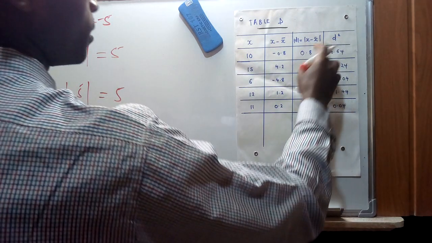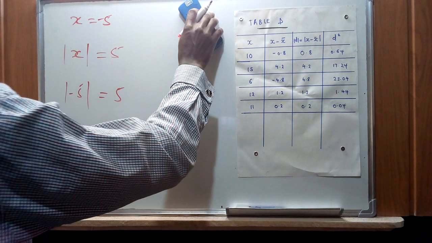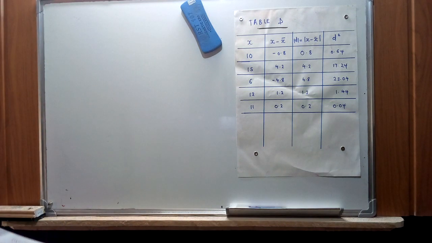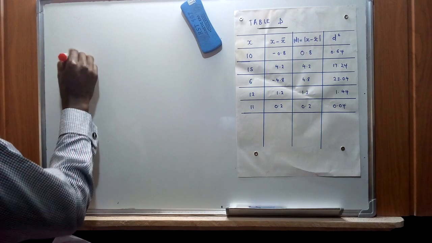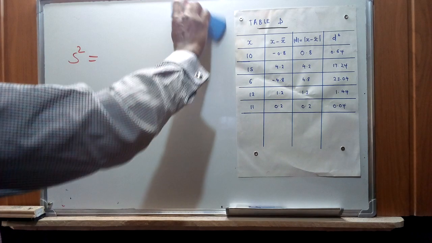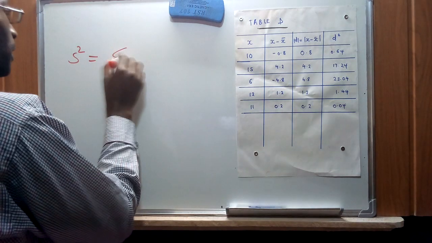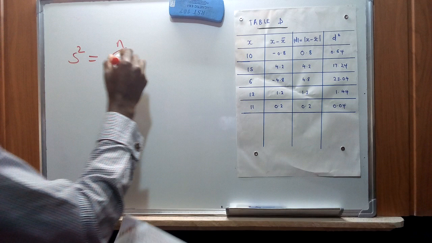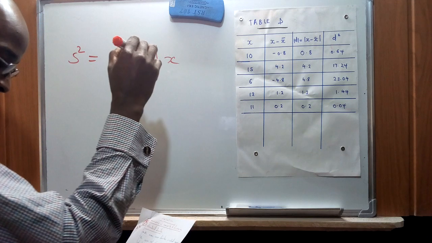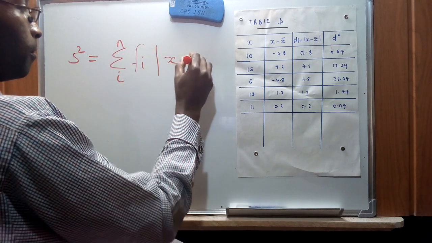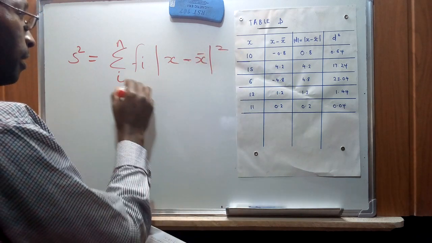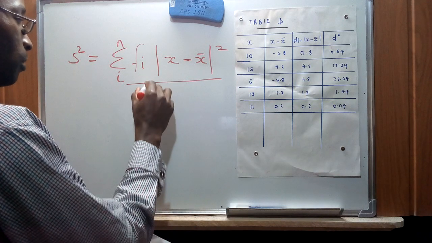Therefore, the last column is the square of the absolute values of that deviation. And we say the mean square deviation is defined using the symbol s squared, as the summation from i to n of f_i times the absolute value of x minus the mean, squared, over the summation of frequency from i to n.